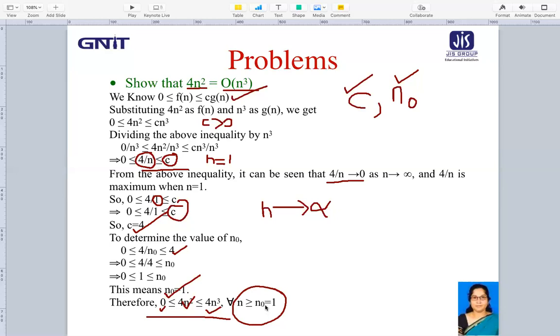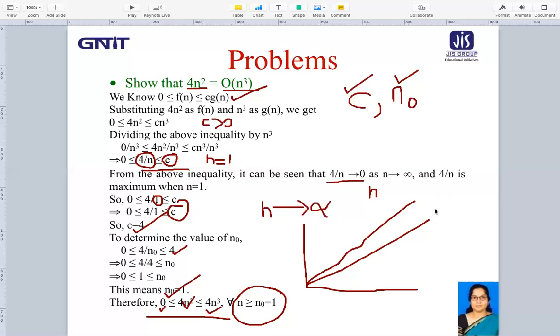So the function will be something like this. Suppose the n0 value is 1, then if we draw it like this, 4n squared will always be below.